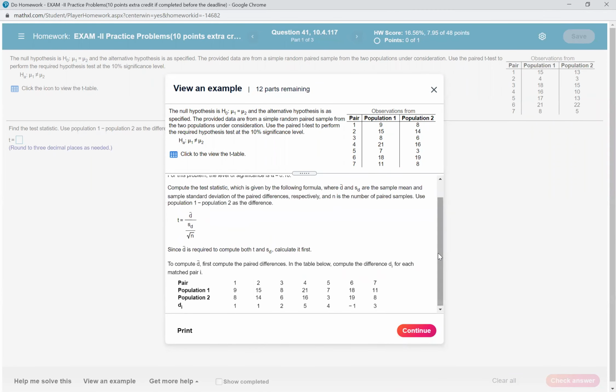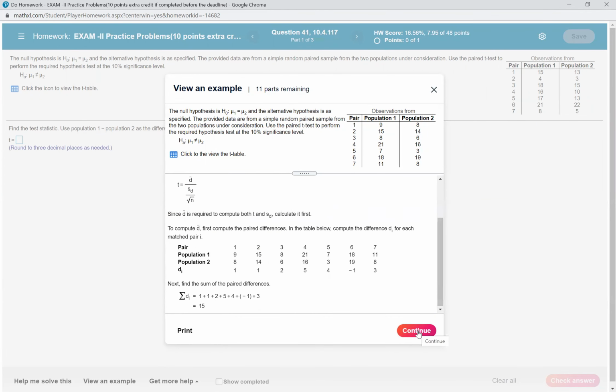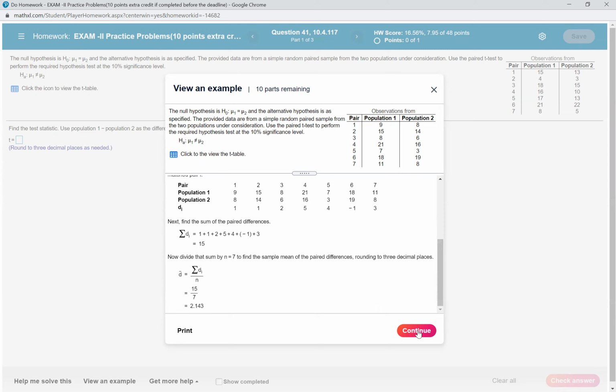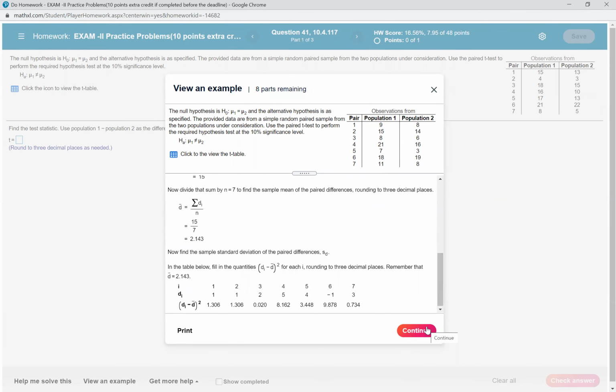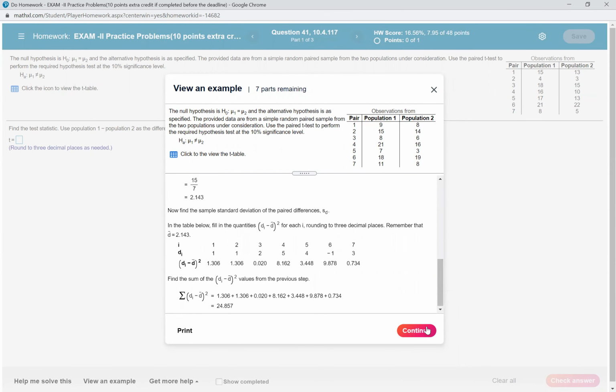Okay, so after you calculate the test statistic, you need to find the critical value. So this is D bar, and this is all the calculation. Then you need to calculate the SD.